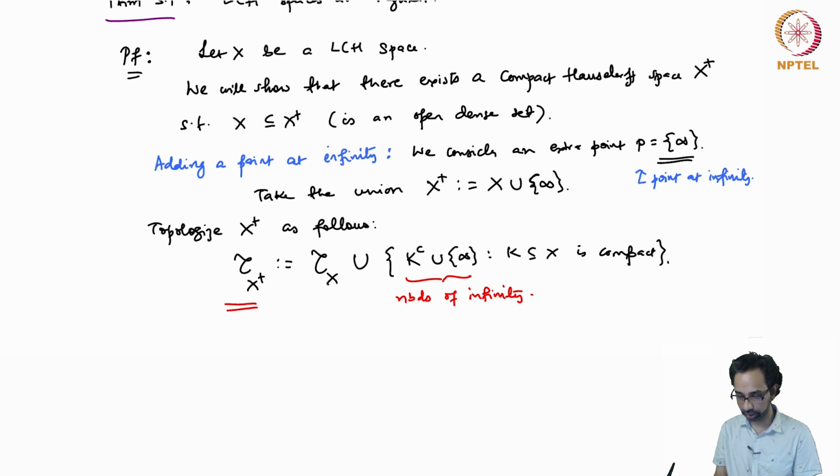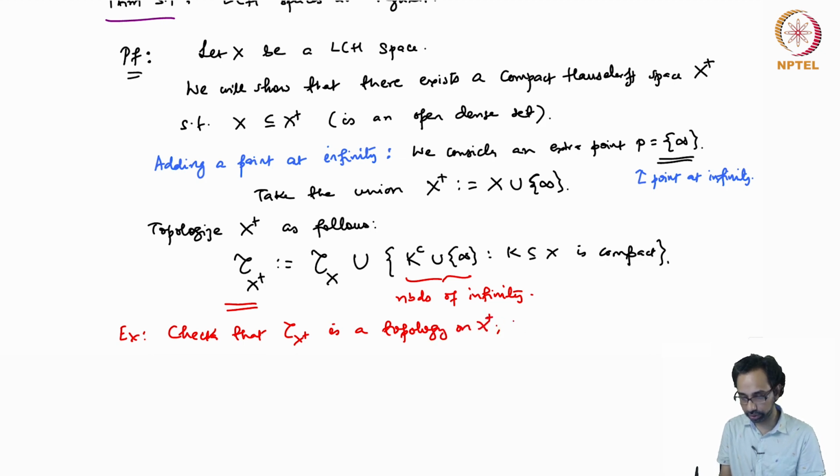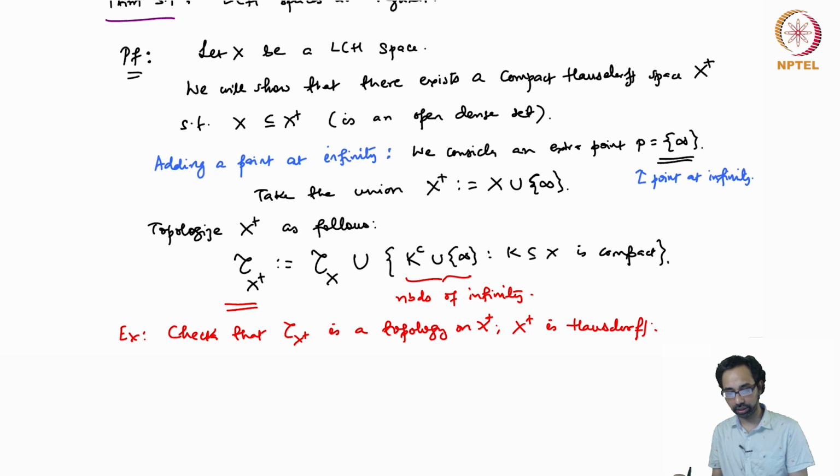As an exercise, check that tau X plus is a topology on X plus, and with this topology X plus is Hausdorff. This is not very difficult to show. Using the fact that X is Hausdorff, you can also show that X plus is Hausdorff.